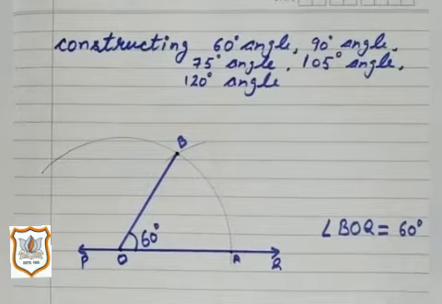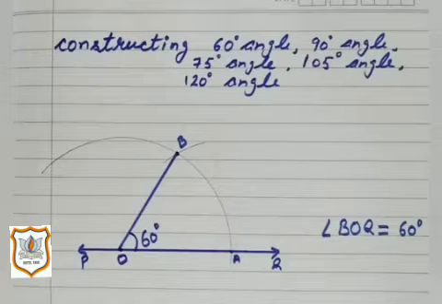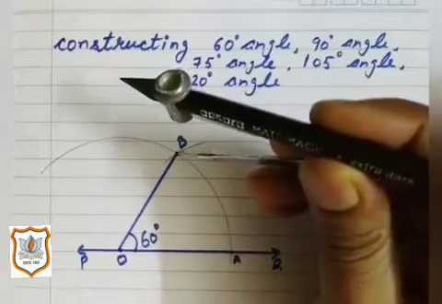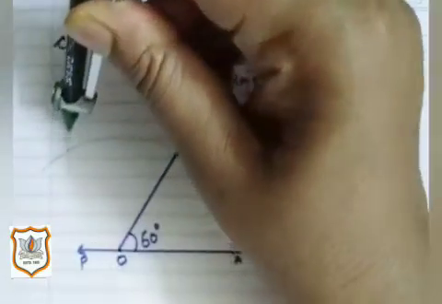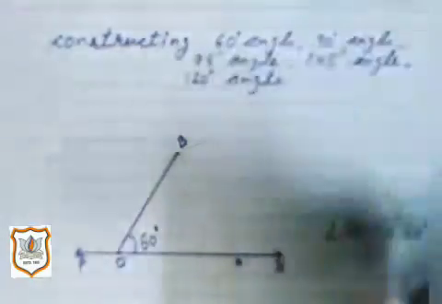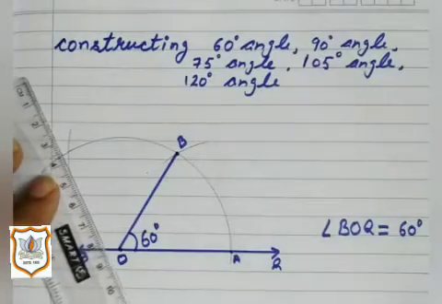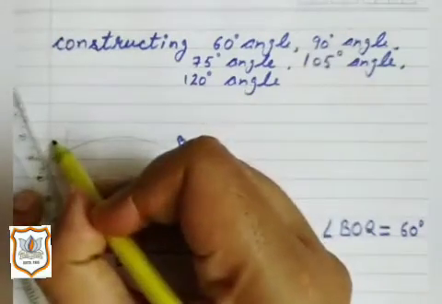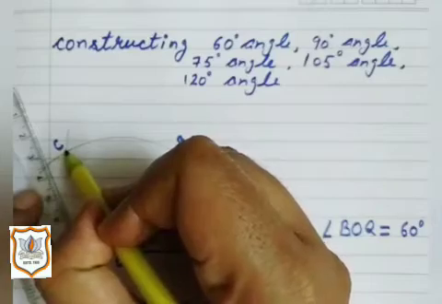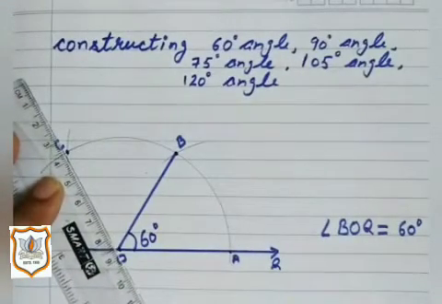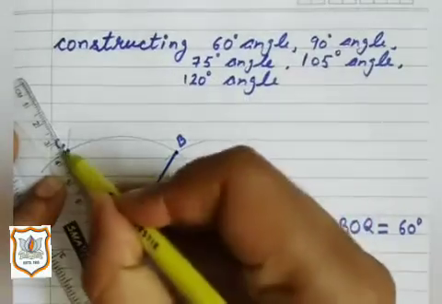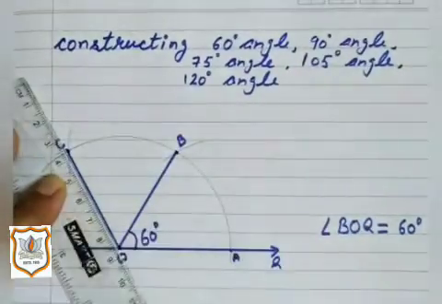Now we will construct a 120 degree angle. 120 degree is nothing but twice of an angle of 60 degree. So we will take B as a center and without disturbing the radius of the compass, we will draw an arc. And this arc cuts the previous arc at point C. So this is C. Now we will join point C and point O. Clear, students?